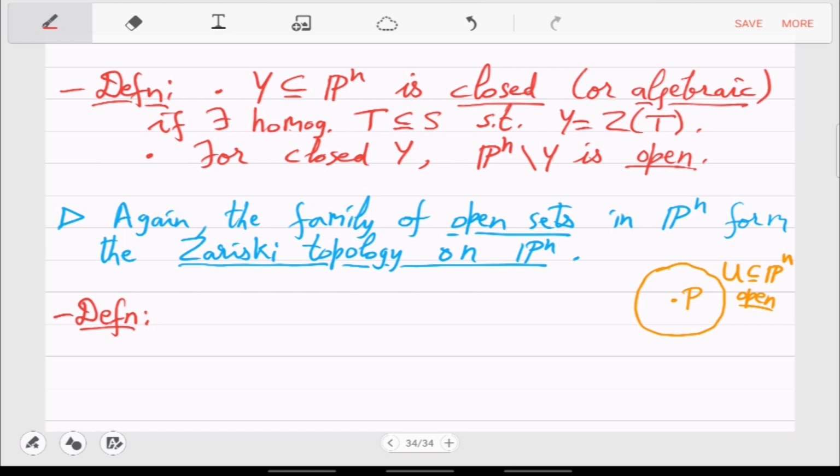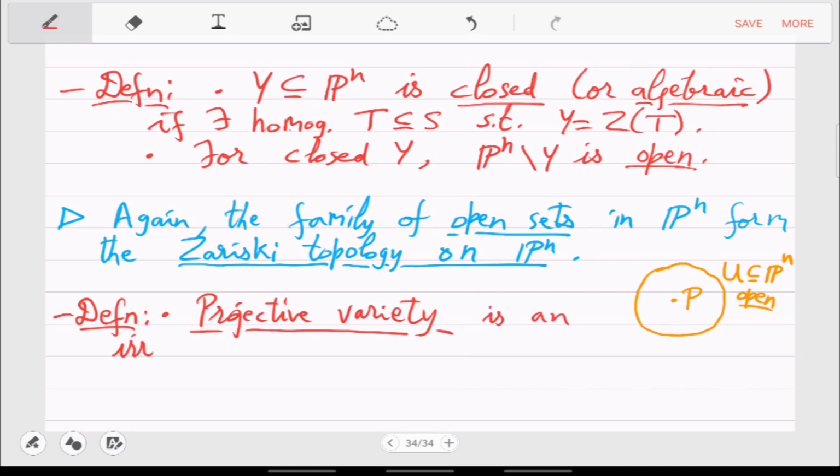So now you have the natural definition of projective variety. A projective variety is an irreducible closed subset of projective n-space for some n.